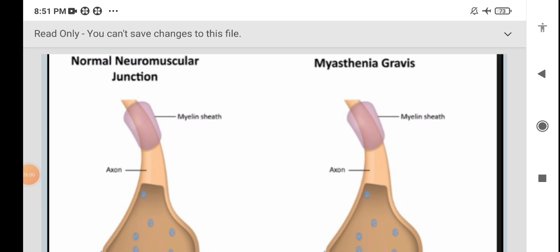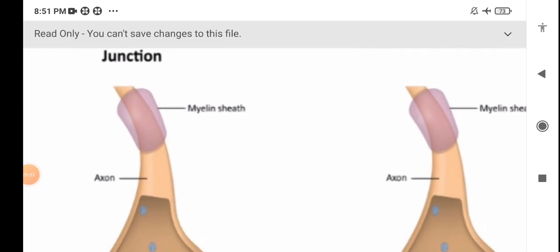So, here is the normal neuromuscular junction, and in myasthenia gravis, the diagrammatic representation here.